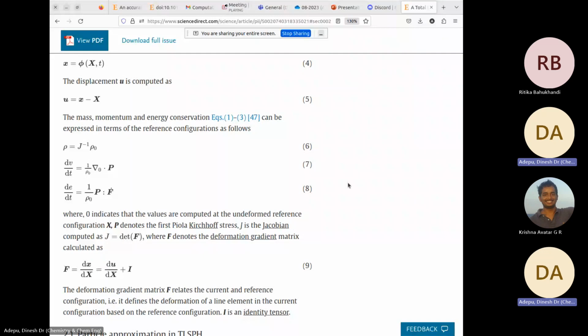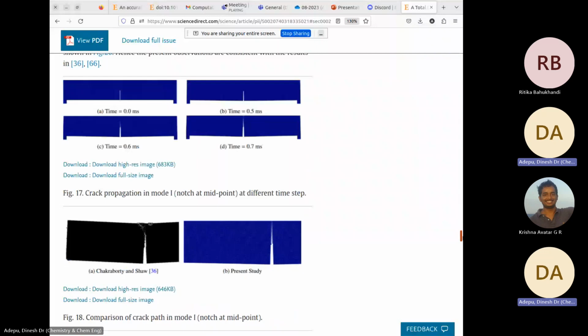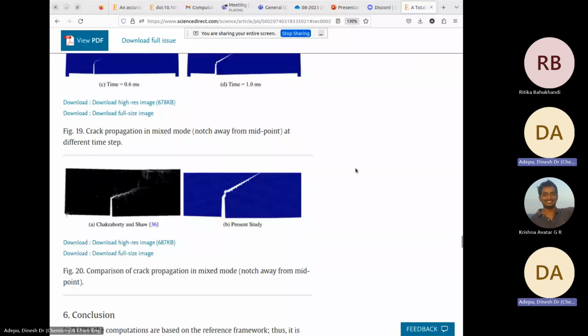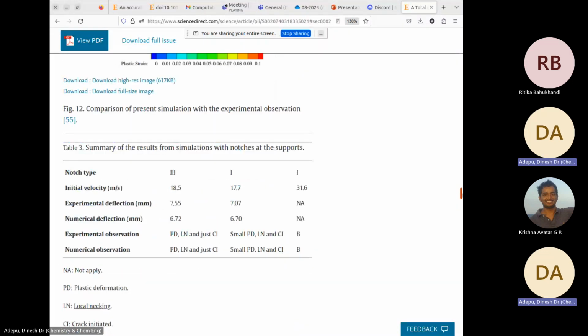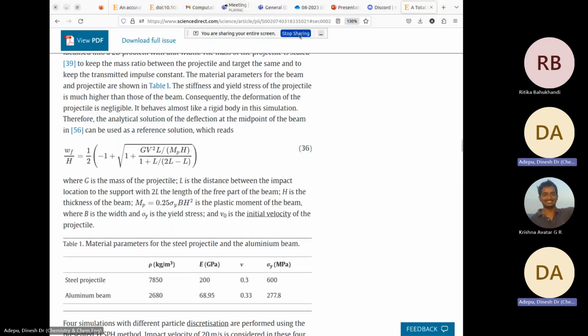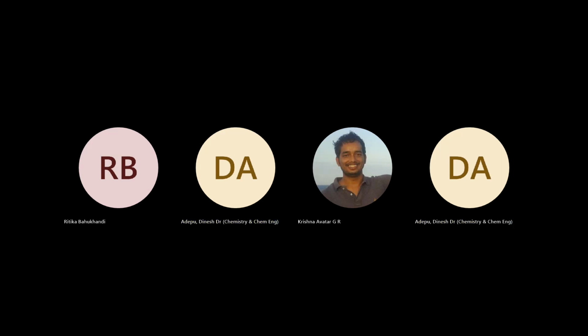The problems we deal with include the cracking of the object and things like that, so it's very interesting. If I'm able to understand the inelastic part, I want to take that back from this course. Hopefully we'll try to do that.